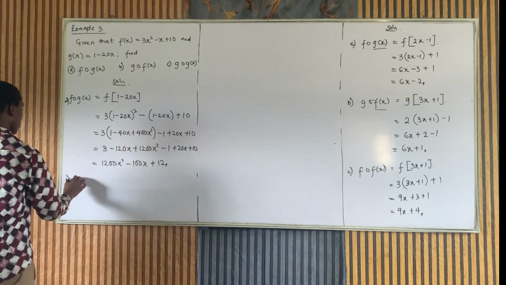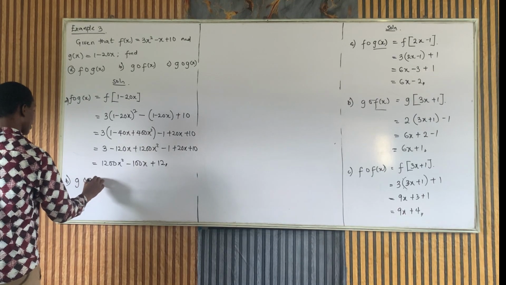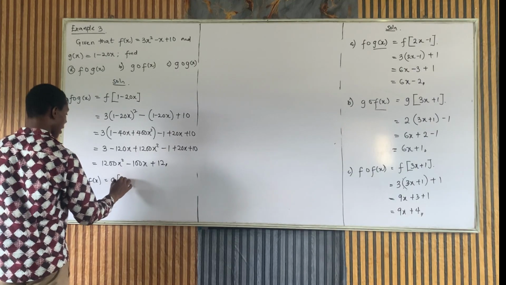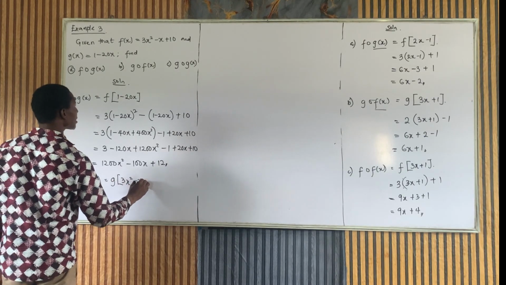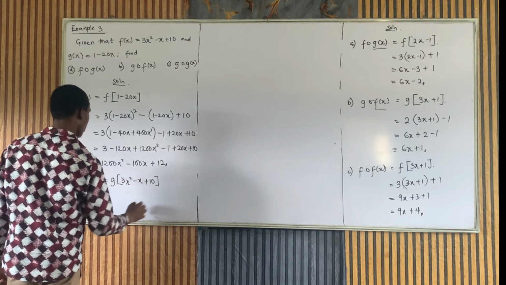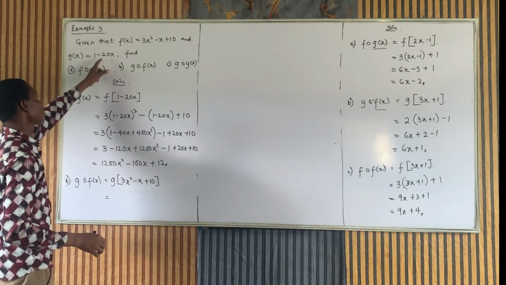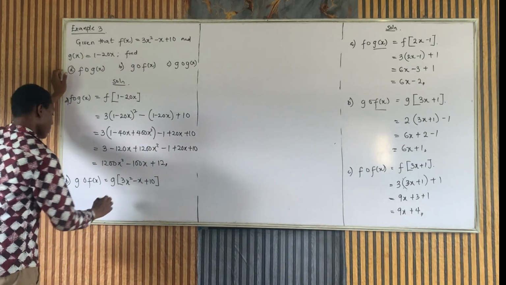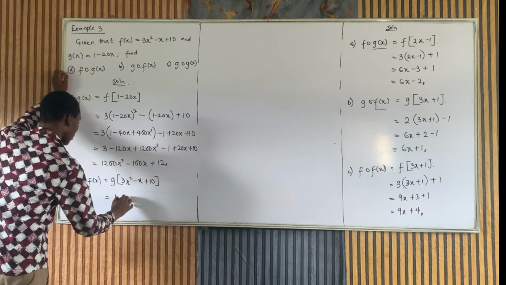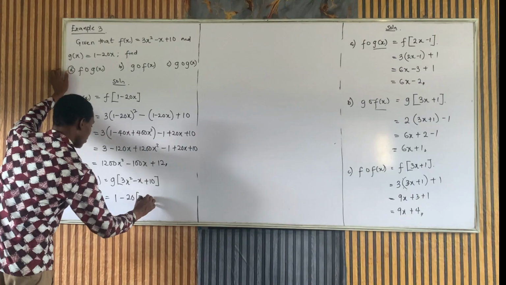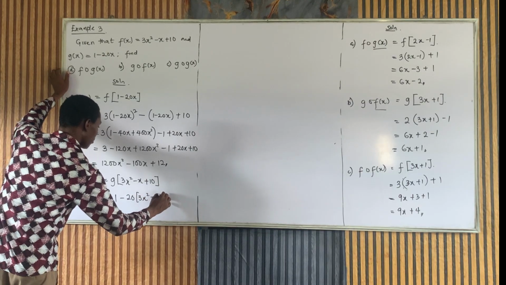B, g of f of x is simply g of 3x squared minus x plus 10. So for g of x, it is 1 minus 20 times that x. So this will be 1 minus 20 times, everything here will look like the x now. That is 3x squared minus x plus 10.